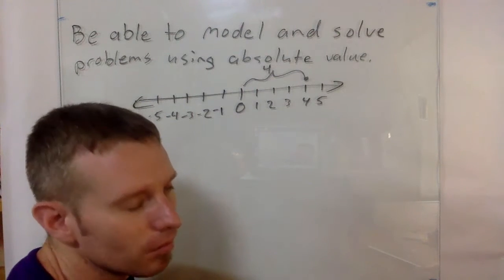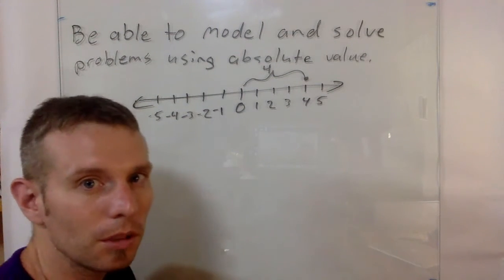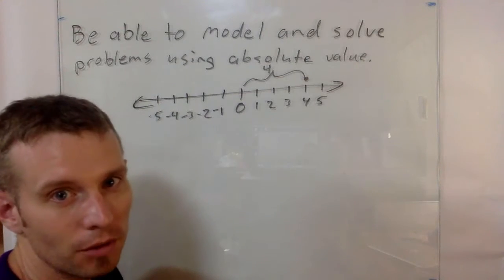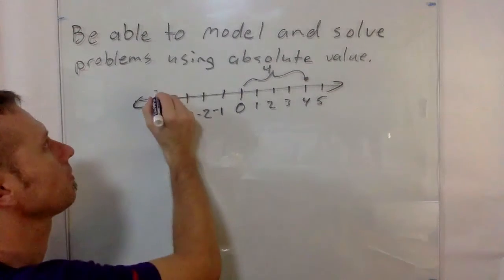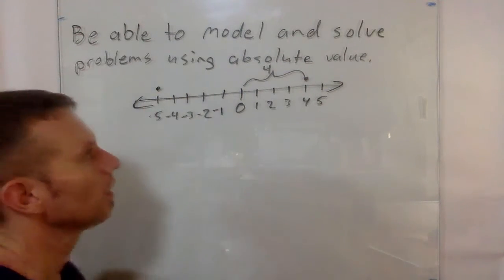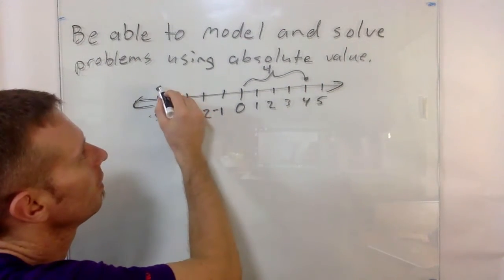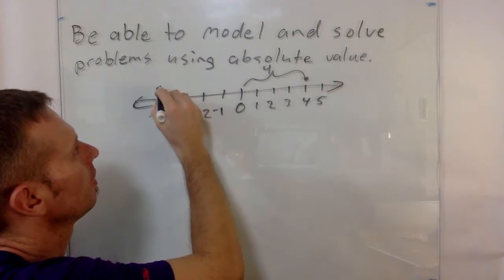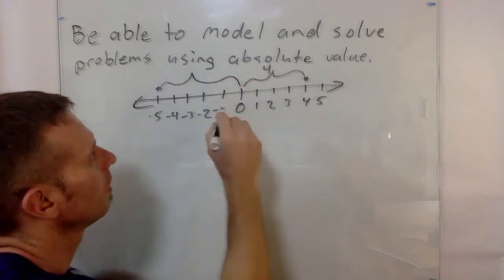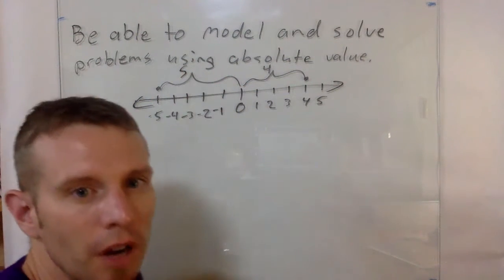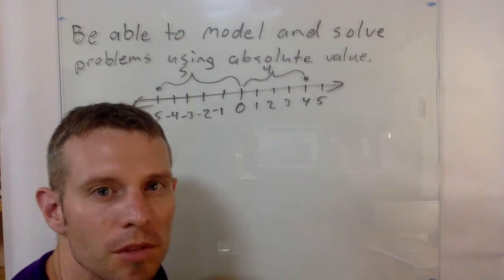I don't think it's too terribly difficult, but let's look at, how about if we're at -5? Okay, so if we're at -5, most of us can see that we are 5 units away from 0.